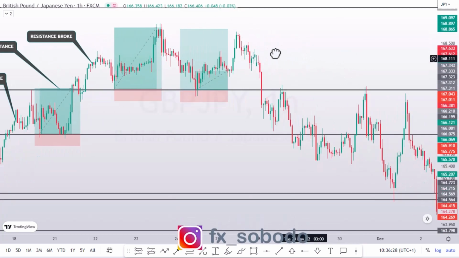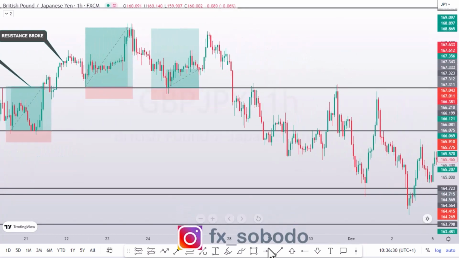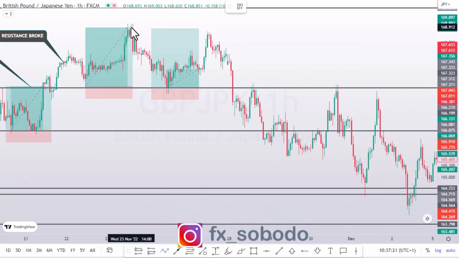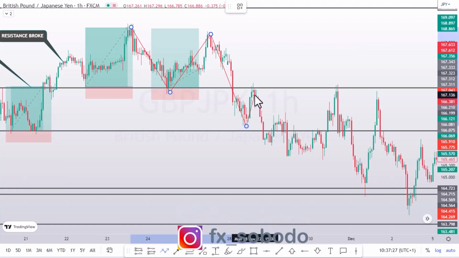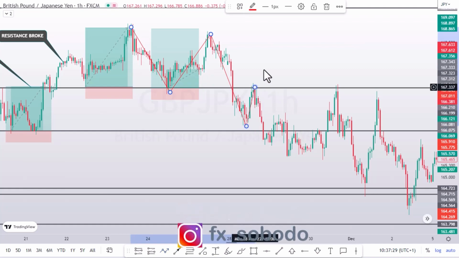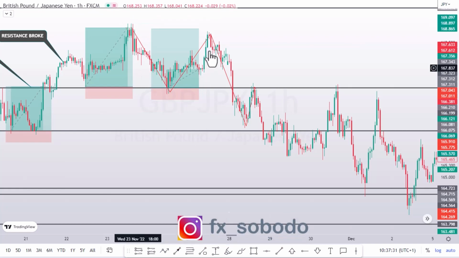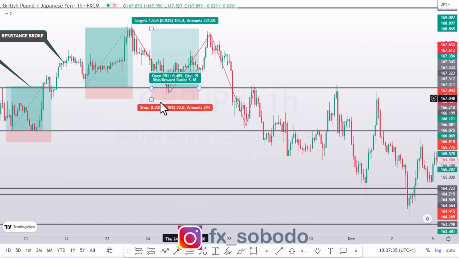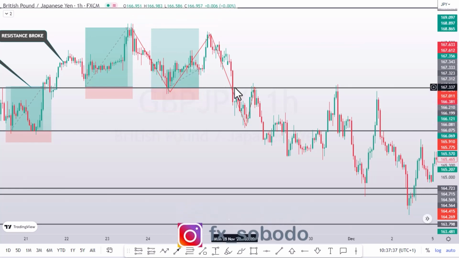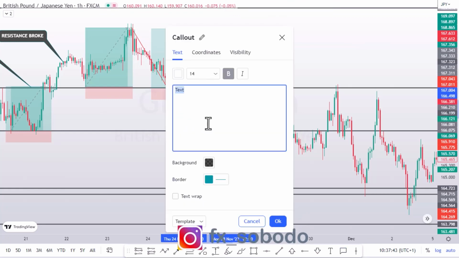And later, what happened? If you notice, guys, structure got broke. Lower low, lower high, lower low, lower high. So here, this is a what? Sell structure. And what happened? When it got broke to the downside here, as you can see, this level was broke.